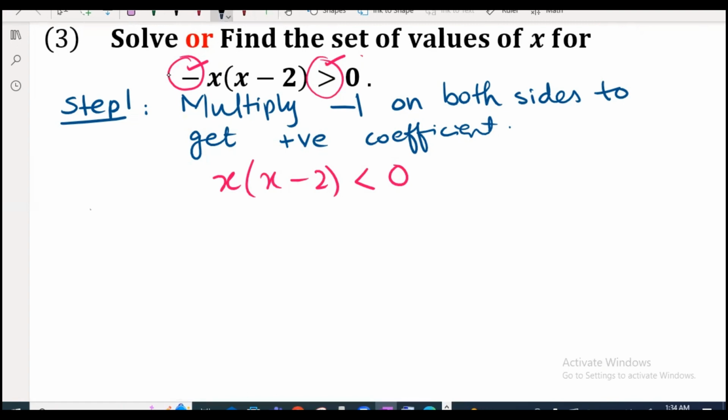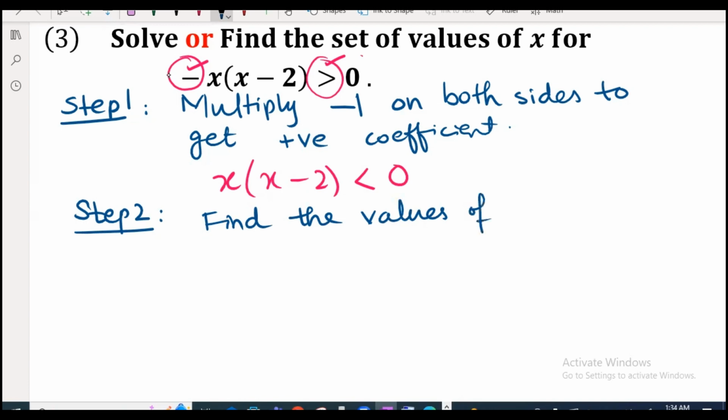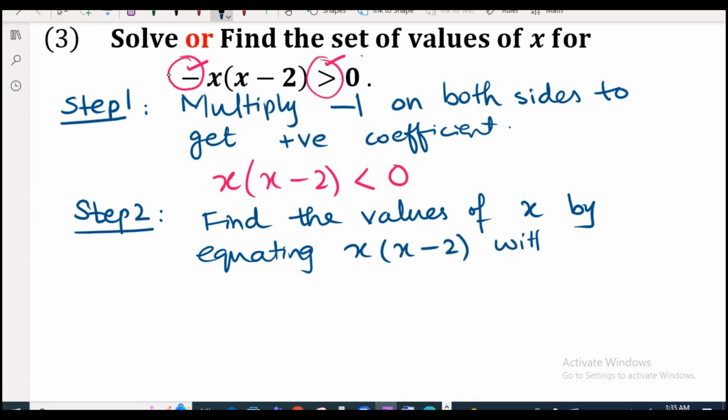Now step number 2. Step number 2 is find the values of x by equating the left side of this inequality, which is x times x minus 2, with 0.